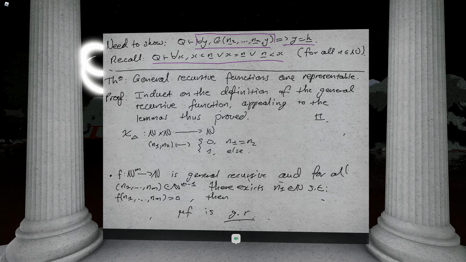Yes. Yeah, that was the point of the beta function lemma. So that has all gone together in order to get this theorem that the general recursive functions are representable. Make sense? Cool. Okay, so that's really good. Now I can tell you how we get that the general recursive relations are representable. So I'll do that on the other board.